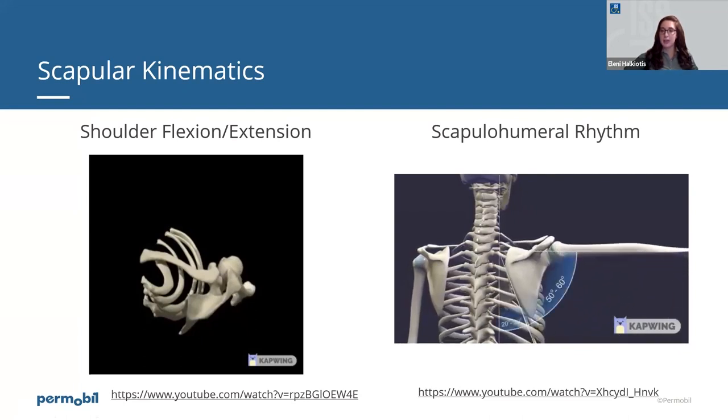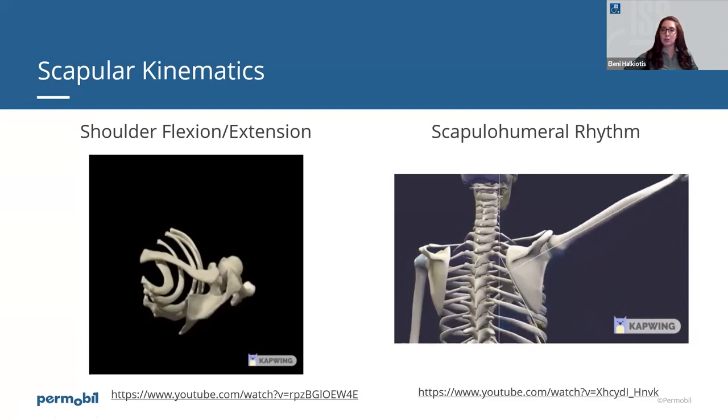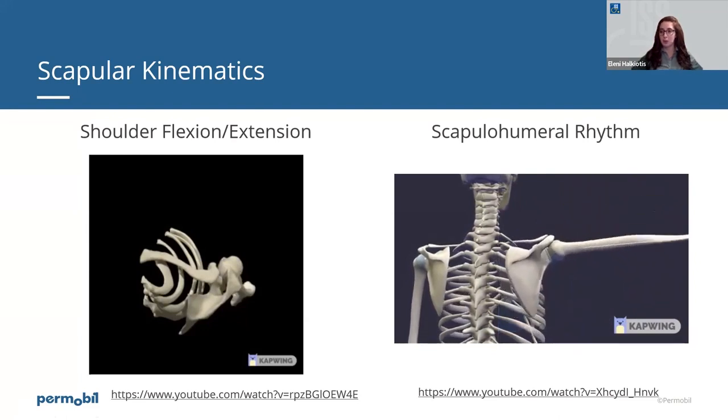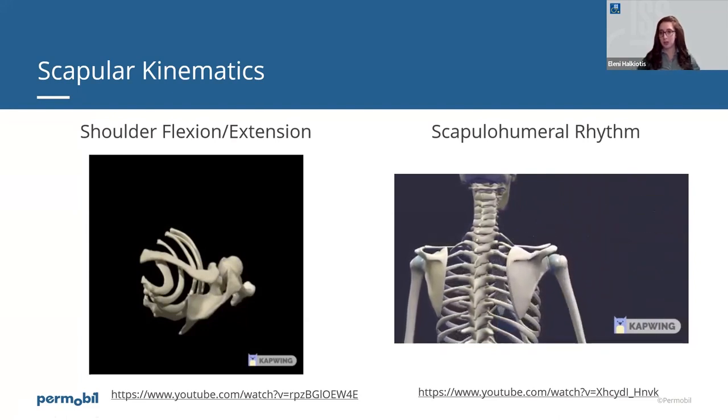And that being said, it will throw off the whole scapulohumeral rhythm and the biomechanics of propulsion if the client is trying to push a wheelchair where their wheels require them to abduct beyond 30 degrees. And it's another reason why when we are configuring manual wheelchairs that we want to bring the wheels in as close as possible to the client so that they can have much more ergonomic and efficient propulsion.